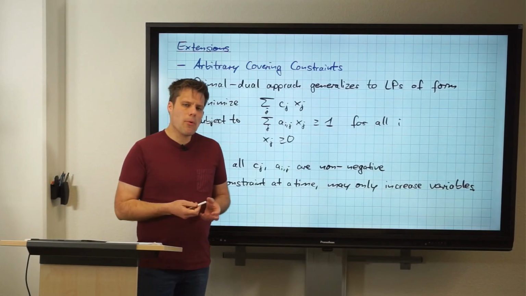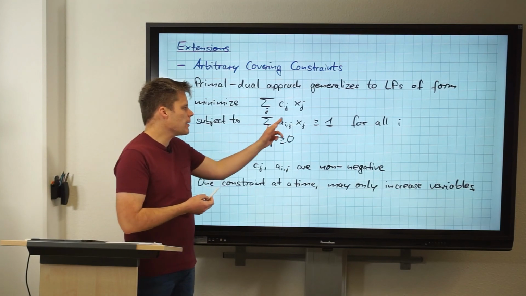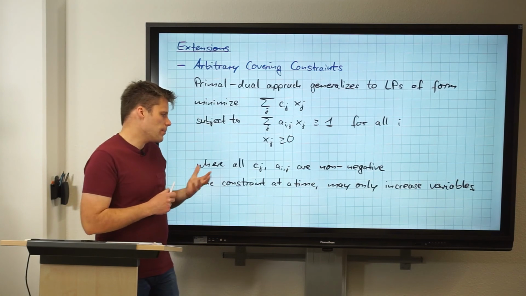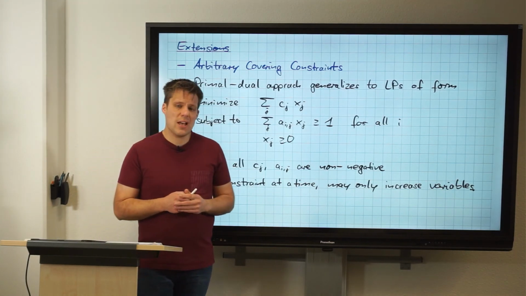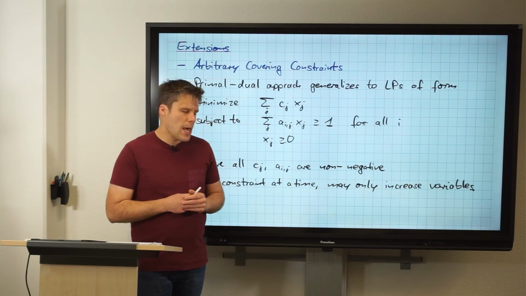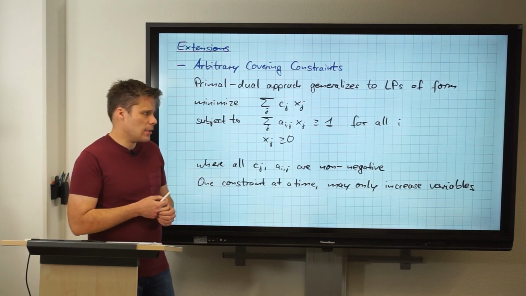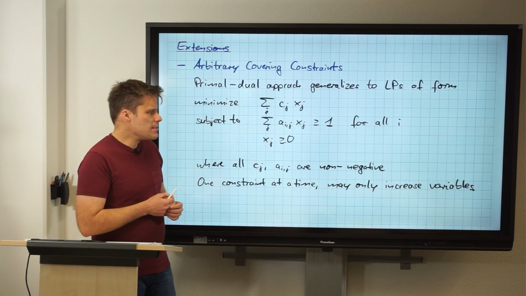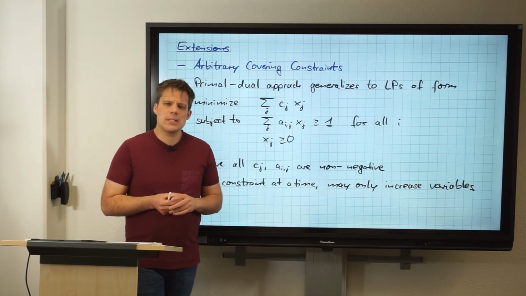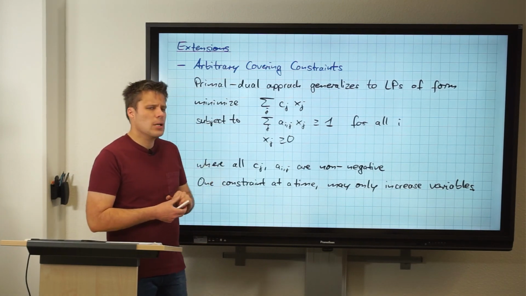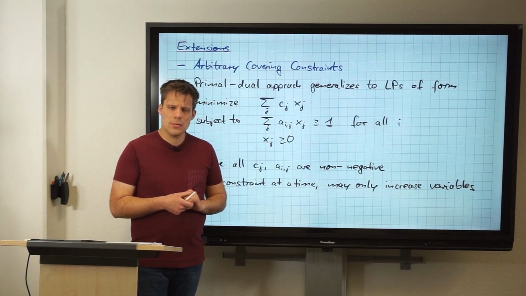So this is more or less set cover, except for the fact that we are now allowing arbitrary non-negative coefficients a_ij, which would be 0 or 1 in the set cover setting. And as a matter of fact, everything that we did in the last lecture regarding this primal dual algorithm, you can immediately also extend to this.